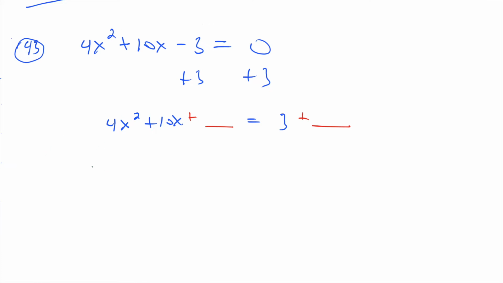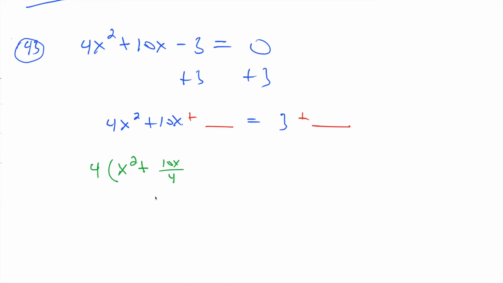So you're going to pull that 4 out, and you're going to end up with x squared plus something that when you multiply it by 4, ends up being 10x. Do you know what that is? The easiest way to think about it is that you just divided by the thing that you pulled out. So it's going to end up being 10x over 4.